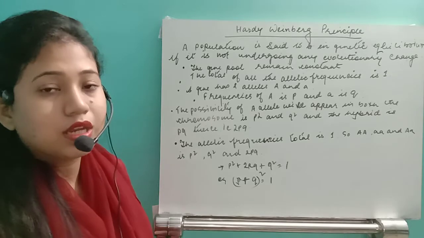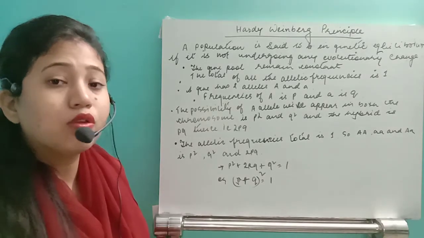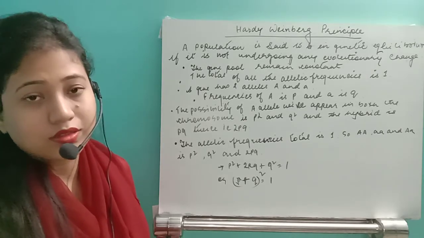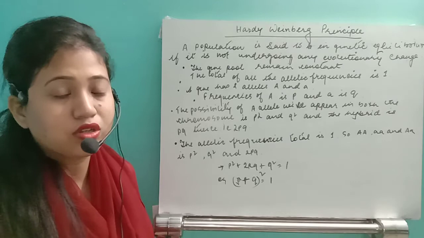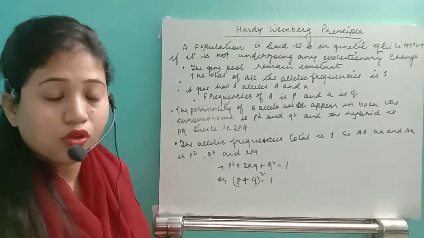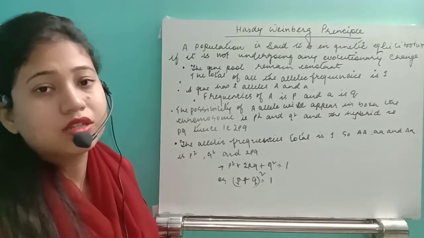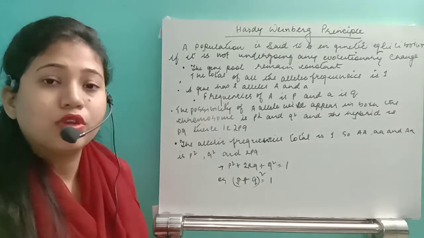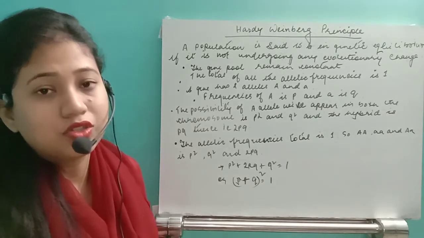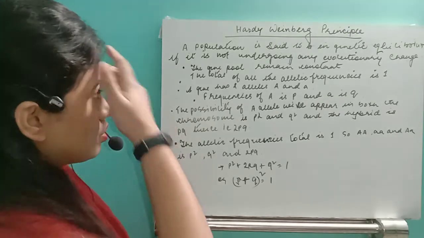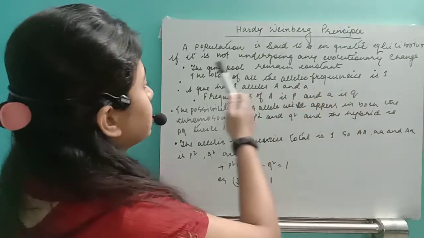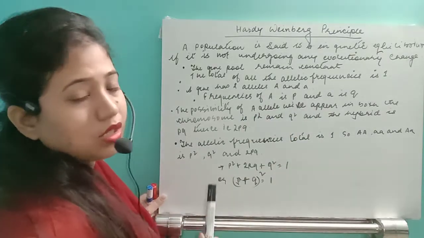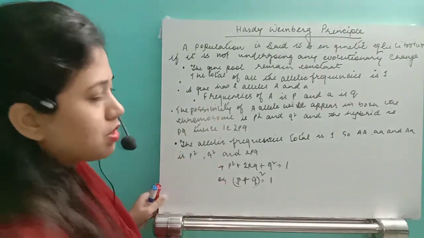According to this theory, genetic equilibrium is always maintained by a population if evolutionary factors like mutation, immigration, emigration, recombination do not occur, and sudden deaths do not occur, then the allelic frequencies will always be maintained, or the population will try to maintain genetic equilibrium. The population is said to be in genetic equilibrium if it is not undergoing any evolutionary change. This is the concept of the theory, and this is a mathematical expression.